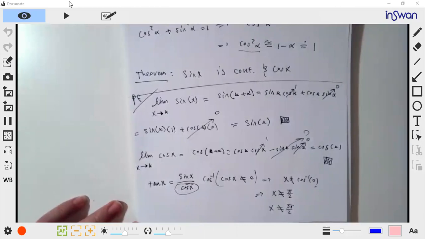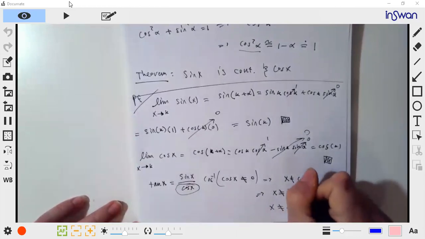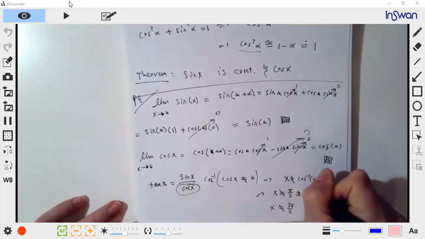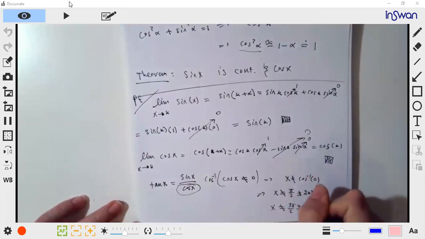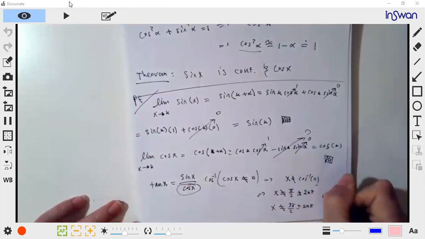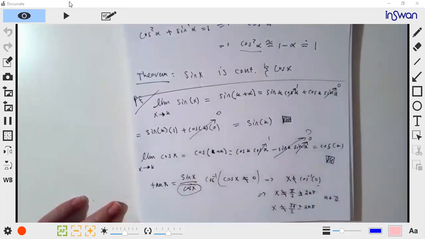In fact, there's an infinite number of values of x such that the cosine of that angle is 0. So for pi over 2 and 3 pi over 2, we have to add plus or minus 2n pi, where n is an element of the integers, because the period of the cosine function is 2 pi, and adding or subtracting any integer multiple of 2 pi will land you in the same spot. Therefore, we have to take those values into account.